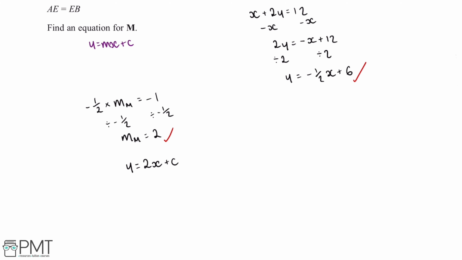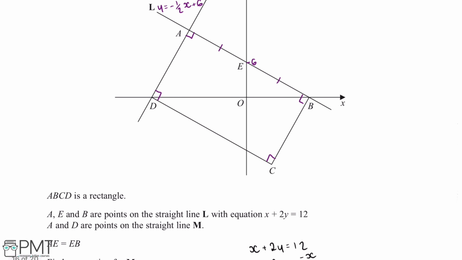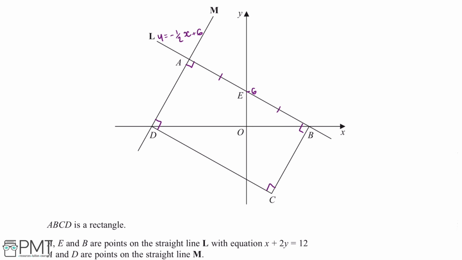So if we take a look back at the diagram again, we'll be able to work out the coordinates of point A. So in order to do this, the first thing we can do is we can work out what this point B is here, which is the x-intercept of line L. So we can substitute the value y equals 0 into this equation, and this tells us that 0 is equal to negative a half x plus 6.